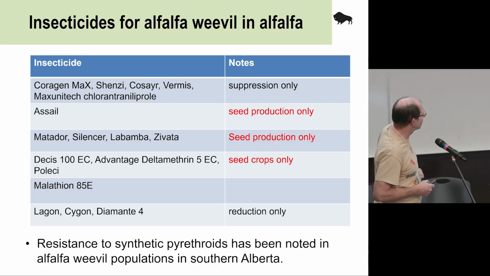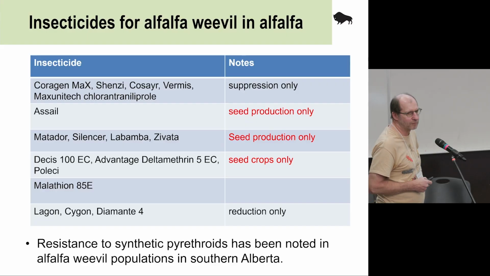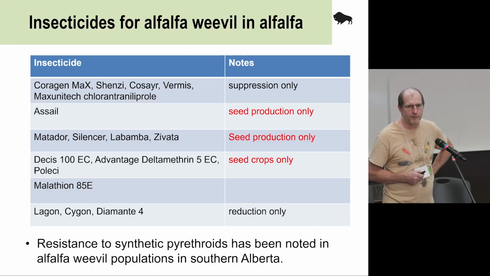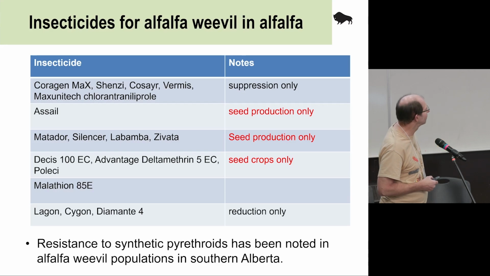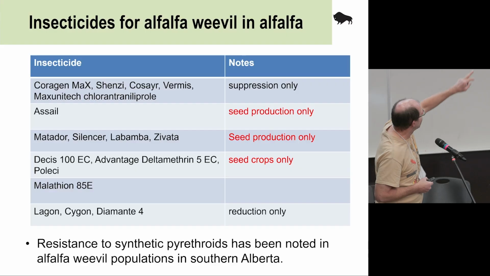Lagon and Cygon, that's your dimethoate, same thing. Pretty nasty product, systemic, but it doesn't do full control. It's suppression only for the alfalfa weevil. And there are 3 lines on my table that are for seed production only.